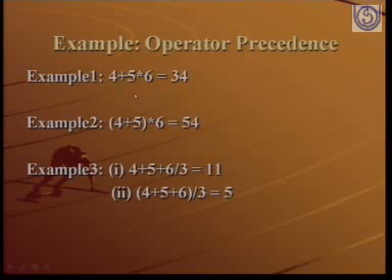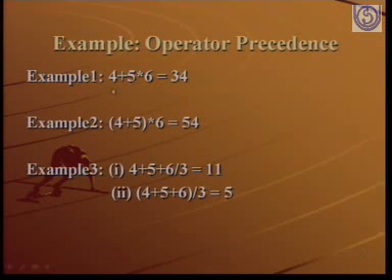Now we can see these examples, and these examples will help us find out the applicability of the precedence of the operators. In this example, we have written 4 plus 5 into 6.